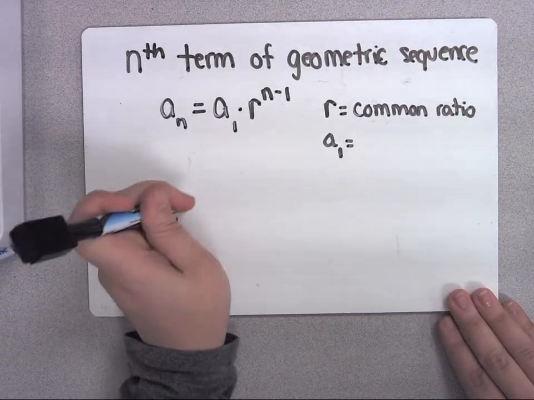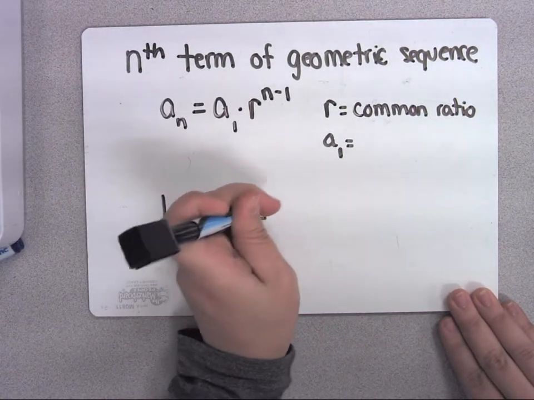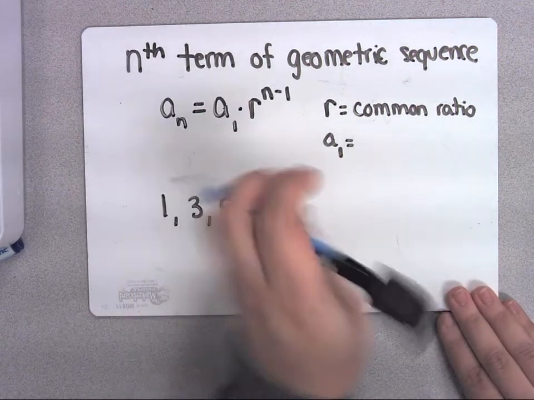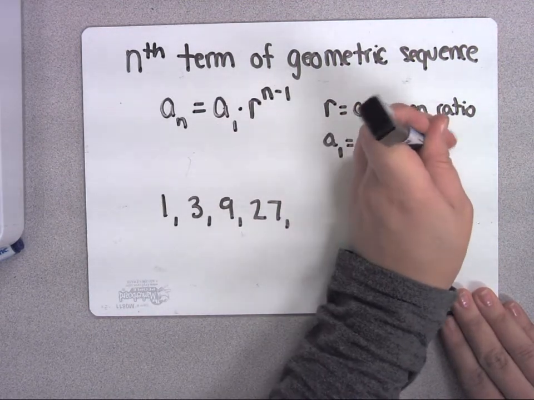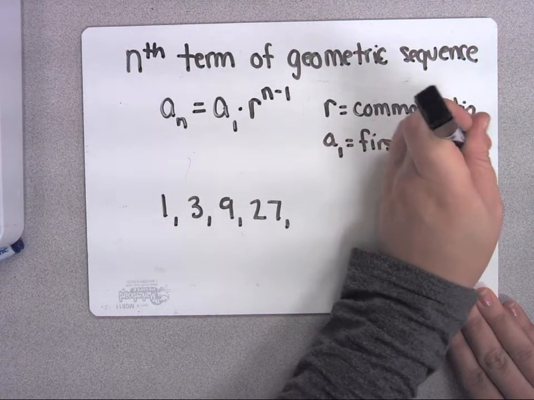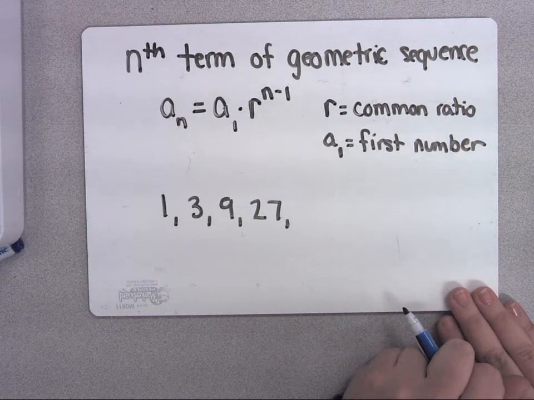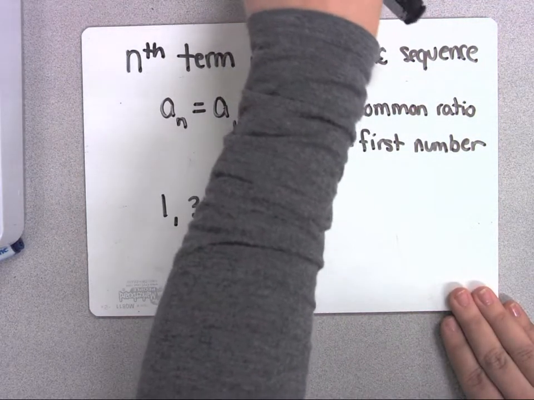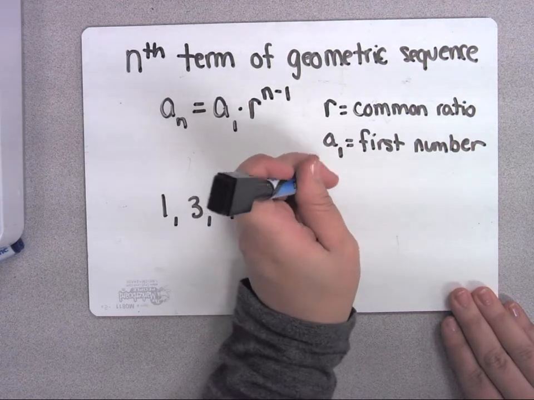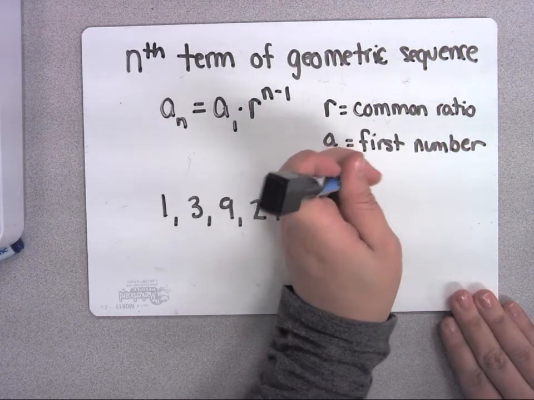A sub 1 is the first number. So first term in the sequence. Yep, that is what A sub 1 means. N is the term we're looking for.